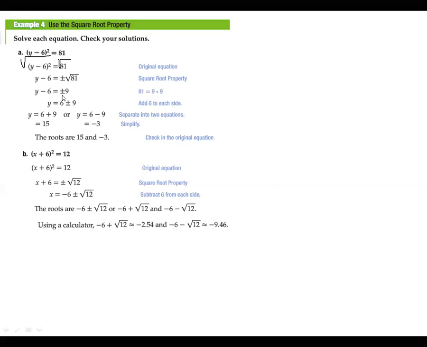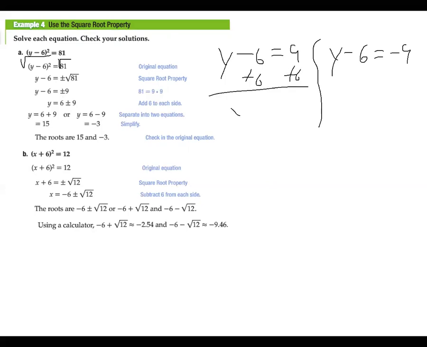So I like to think of it as y minus 6 equals 9, or y minus 6 equals negative 9. Then you add 6 to both sides here, and you get y equals 15. And then if I add 6 here, you get y equals -3. Okay, and that's what they had here.